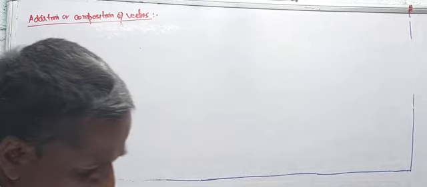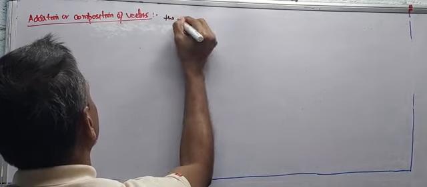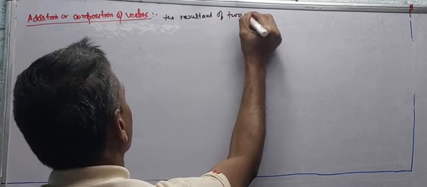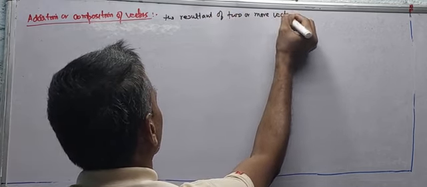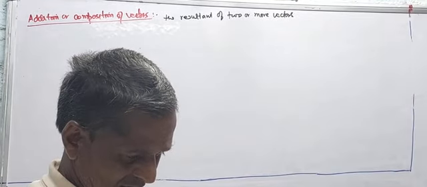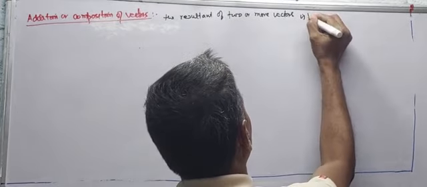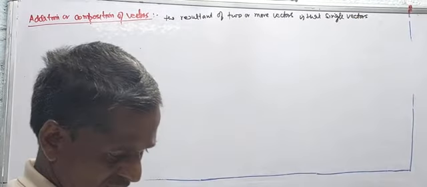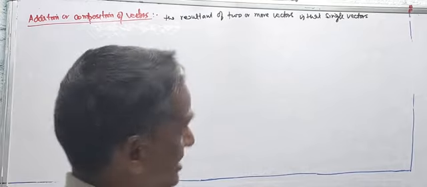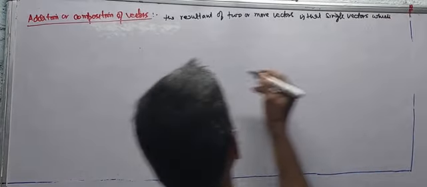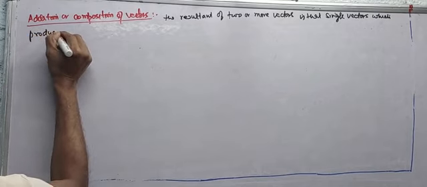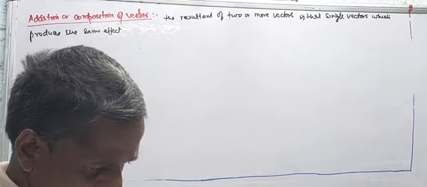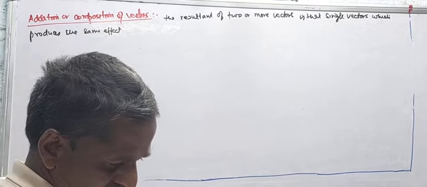The resultant of two or more vectors is that single vector which produces the same effect as the individual vectors.